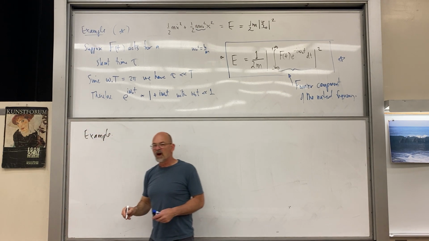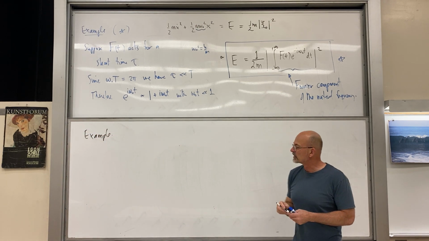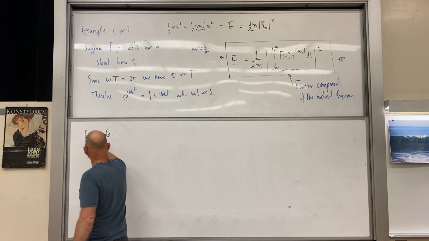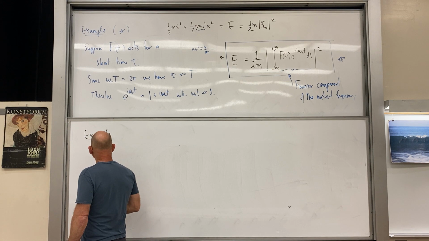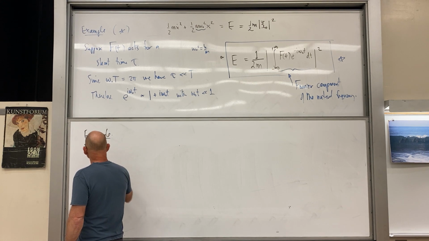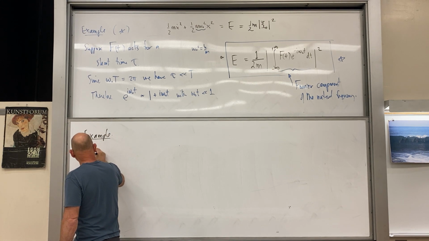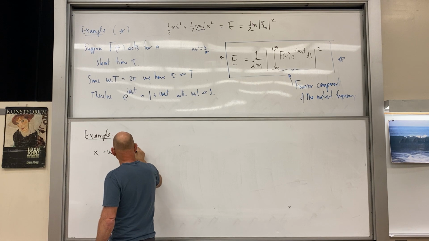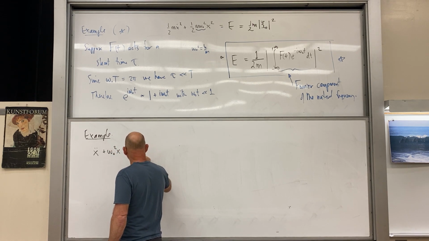I was thinking this would be a homework assignment. Maybe I'll do it all right here. Let's see. I'm just going to set everything up again. So we have x double dot plus omega naught squared x equals f of t over m.